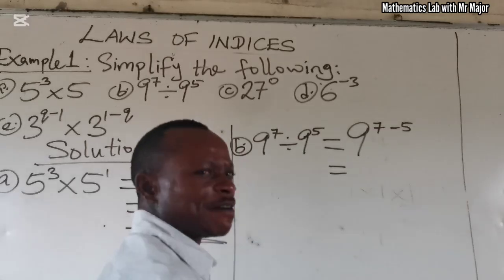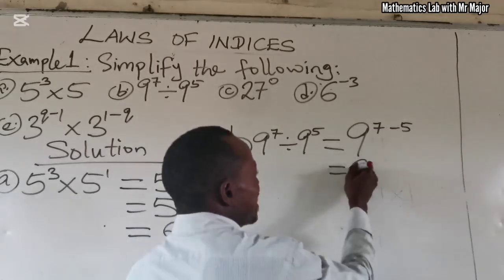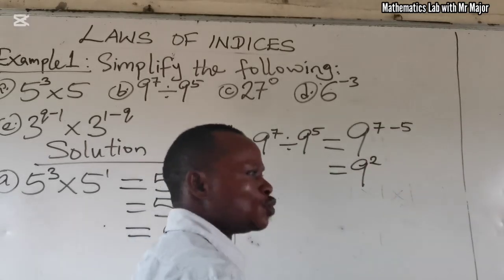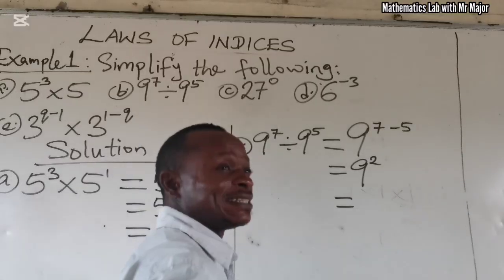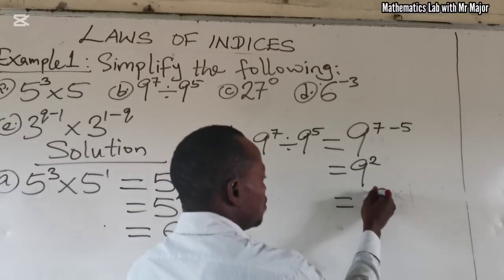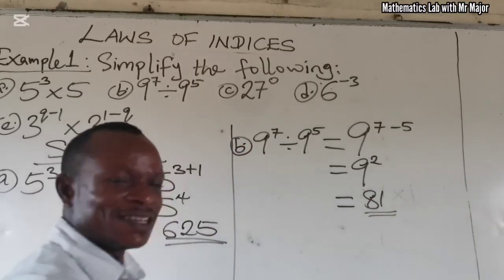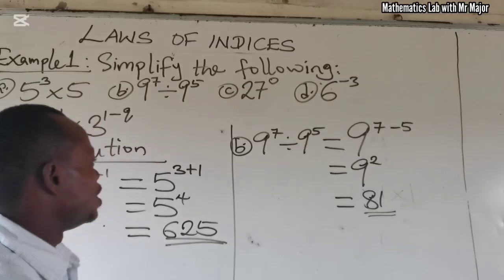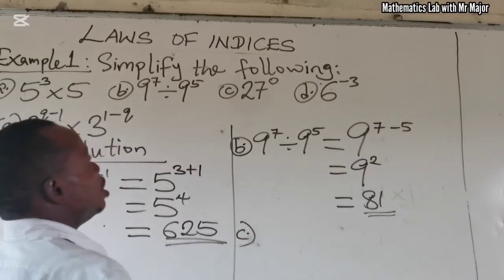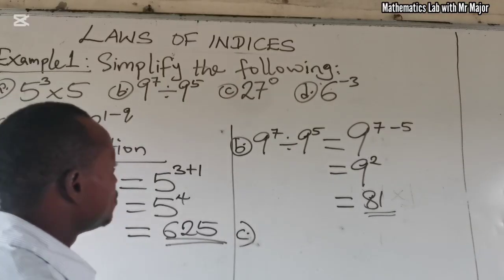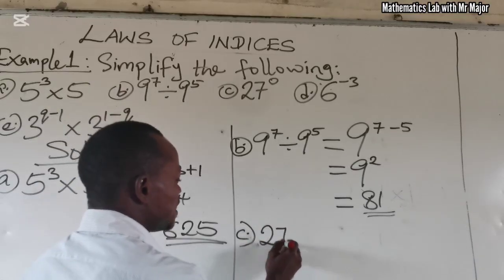And 7 minus 5 will give us 2. That means 9 raised to the power of 2. And 9 raised to the power of 2 means 9 times 9, which will give us 81. That is the answer.